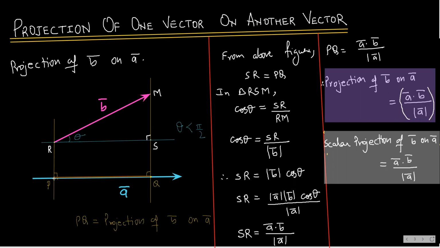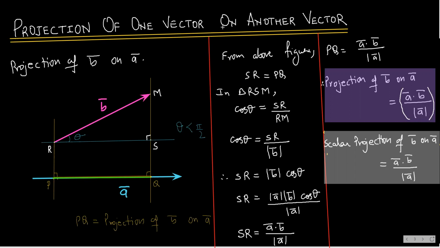This is the projection of vector B bar on A bar. This is the scalar projection. What would a vector projection mean?